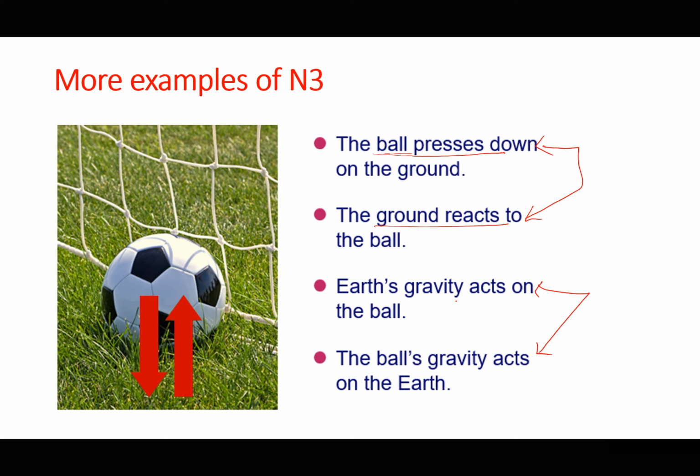That cannot constitute a Newton's third law pair. The forces must be of the same type. So the Earth's gravity pulls the ball downwards. The ball's gravity pulls the Earth upwards. These two constitute a Newton's third law pair.